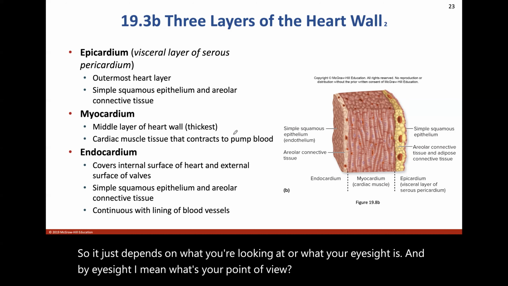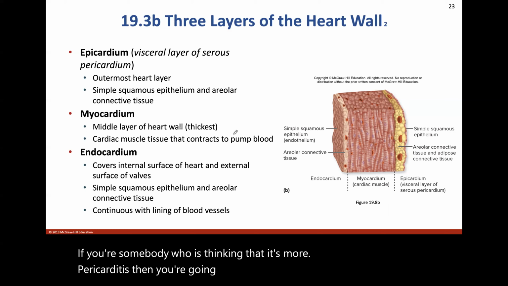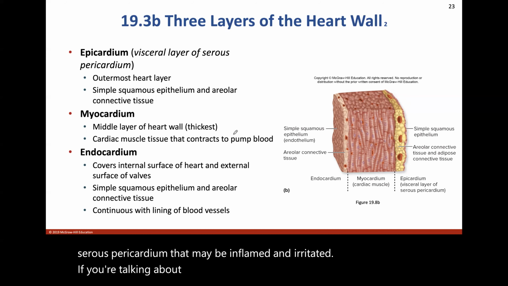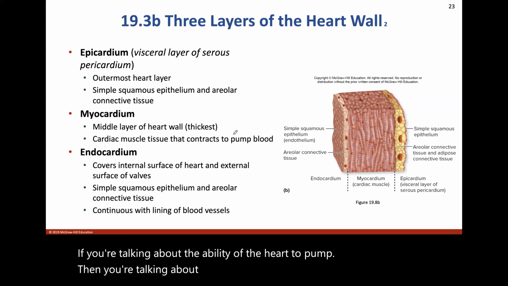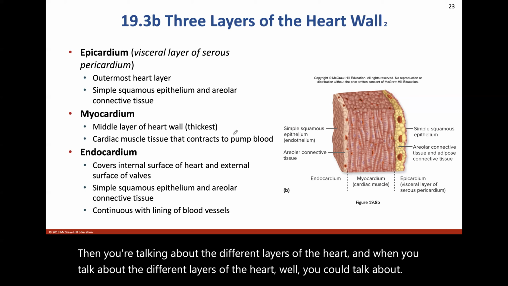If you're somebody who is thinking about pericarditis, then you're going to refer to it as the visceral layer of the serous pericardium that may be inflamed and irritated. If you're talking about the ability of the heart to pump, then you're talking about the different layers of the heart. You could talk about the muscle, the myocardium.